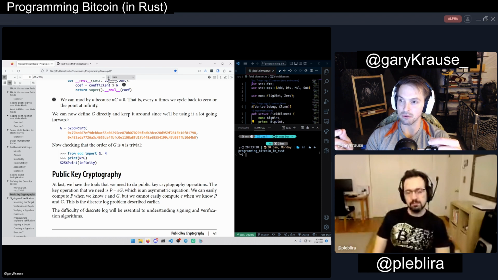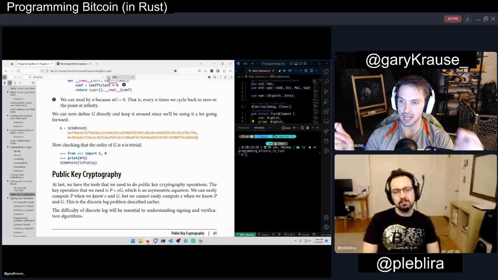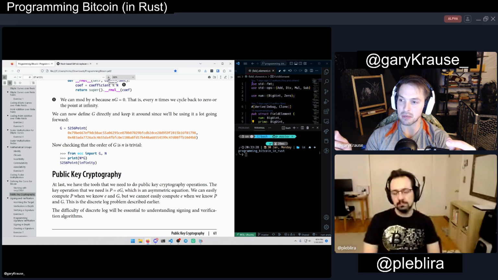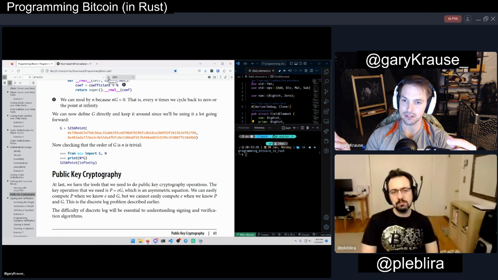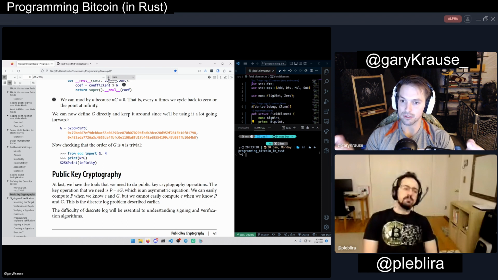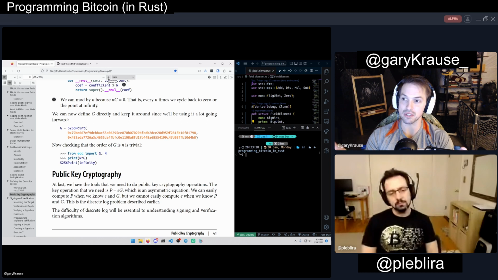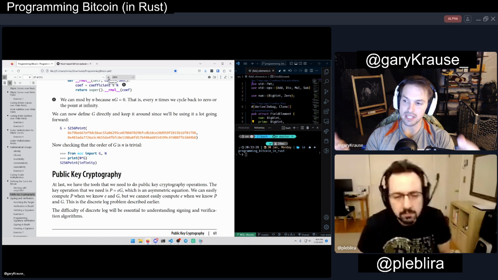So in basic asymmetric cryptography for public private key pairs, if you sign a message with a private key, you can validate that message with the public key. If you encrypt a message with a public key, you can only decrypt it with a private key, right? And that sort of basic fundamental building block is what Bitcoin's built on top of.